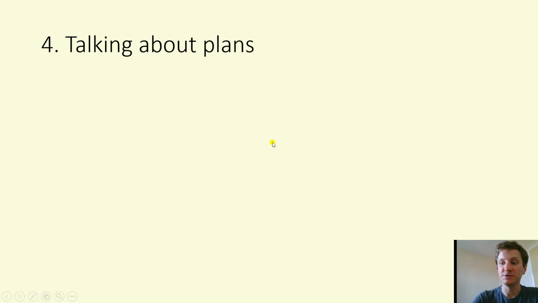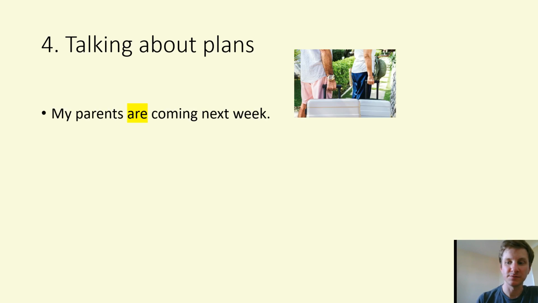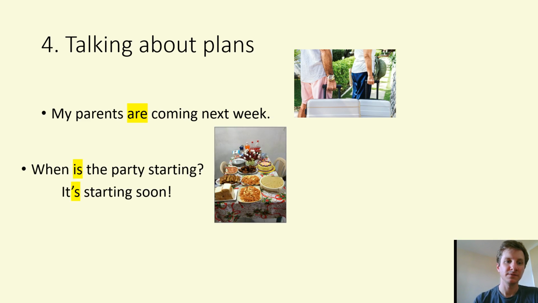We also use the be verb, number 4, to talk about plans. For example, my parents are coming next week. That's their plan. Again, here we use a be verb with a verb and ing. Another example is, here's a question and answer.